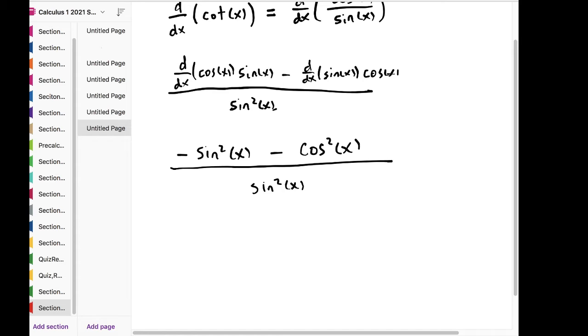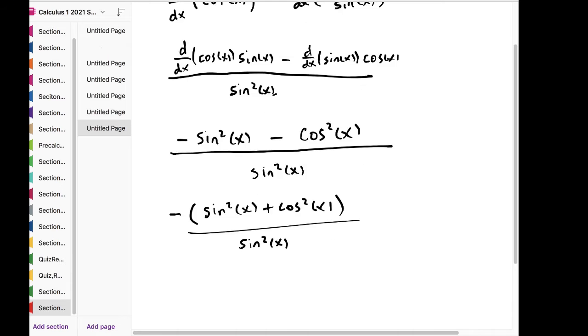What's a common factor? Yes, -1. So you factor out a negative, then you get the Pythagorean identity. So then you get -1 over sine squared.